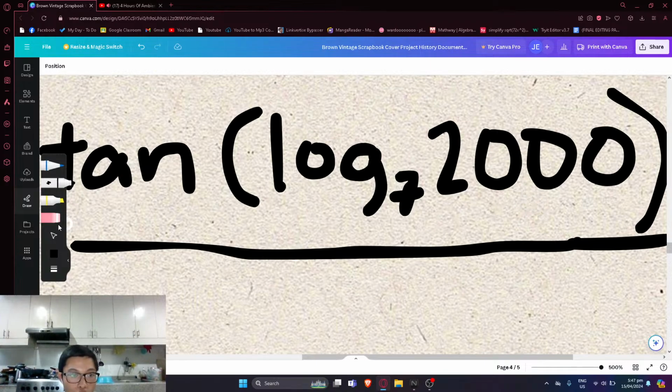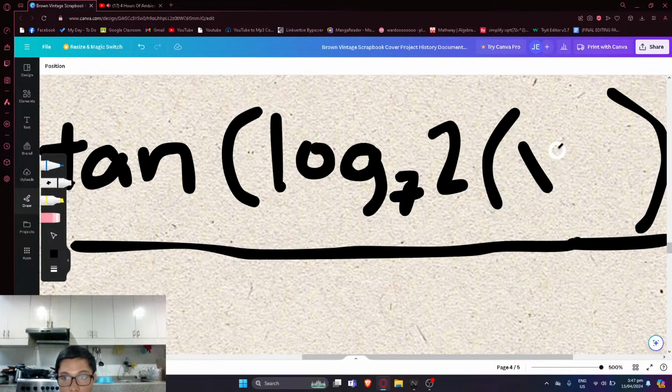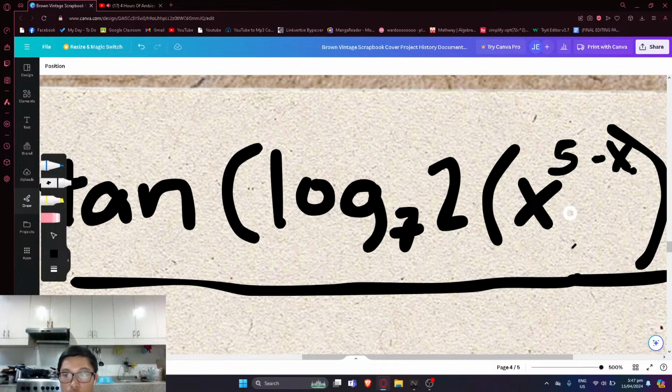No, what if we do this log log 2 times x 5. Let's make it a little bit lighter, so around 5 minus x. No, it's kind of complicated now.